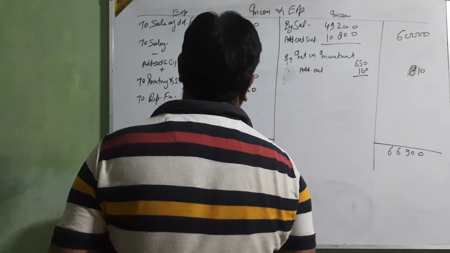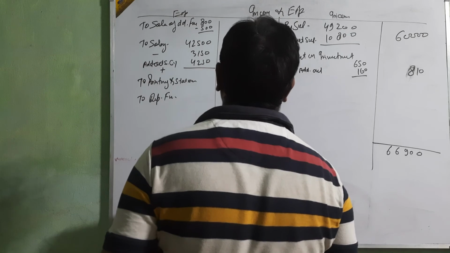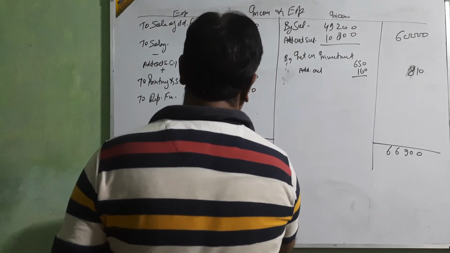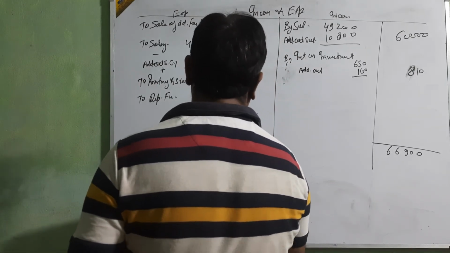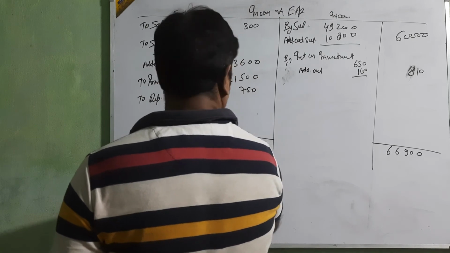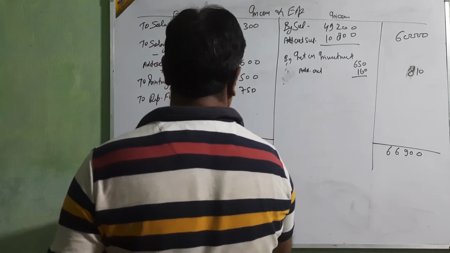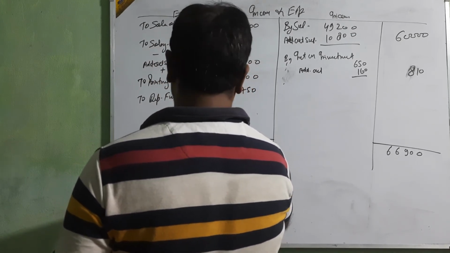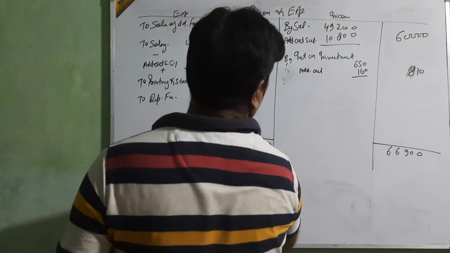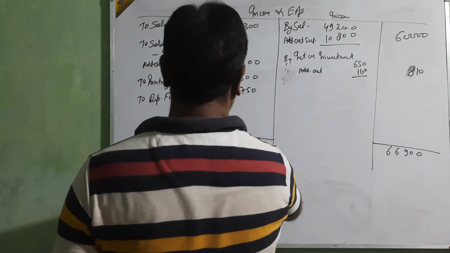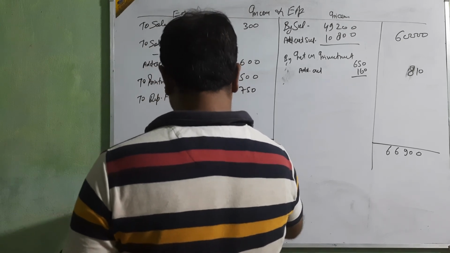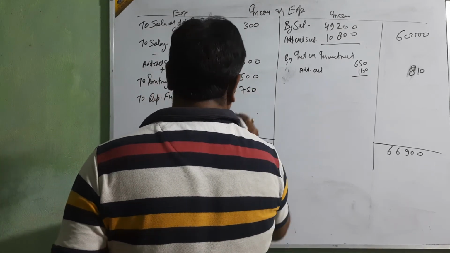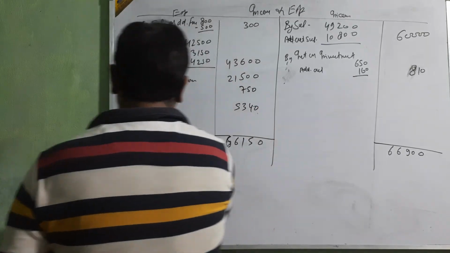0, 5, 1, 2, 6, 5, 6, 150. 66, 68, 50, sorry, 68, 10, 0, 4, 3, 5, 5, 3, 4, 0.